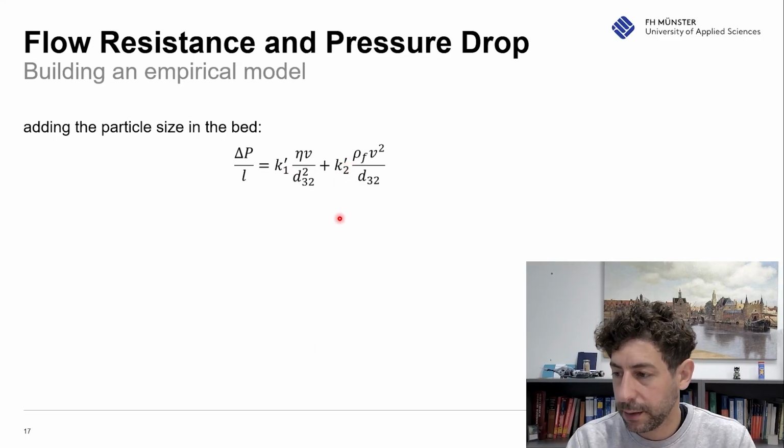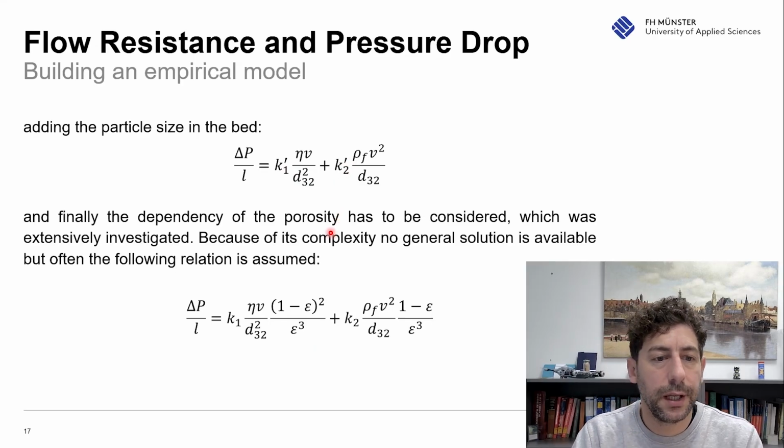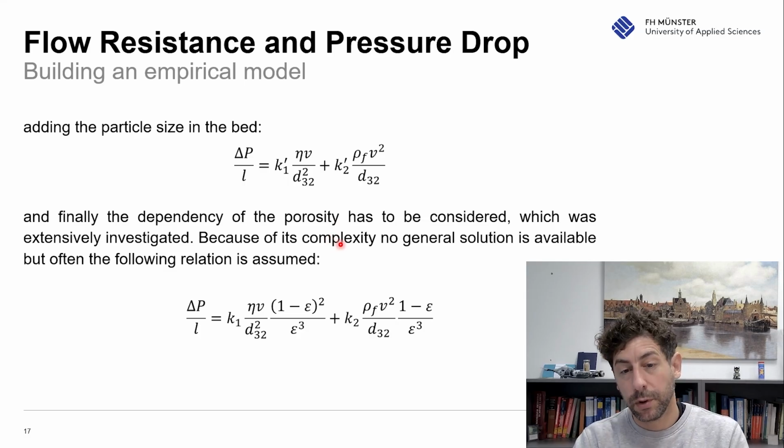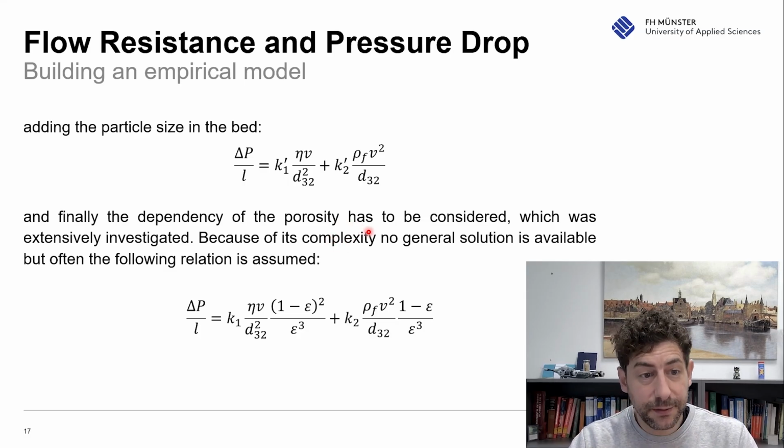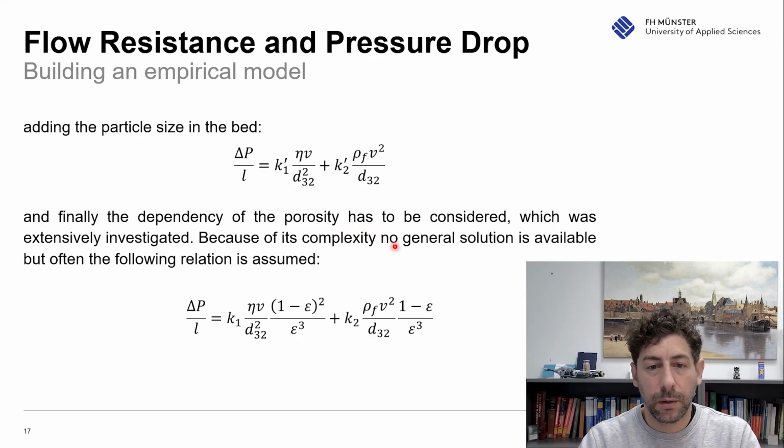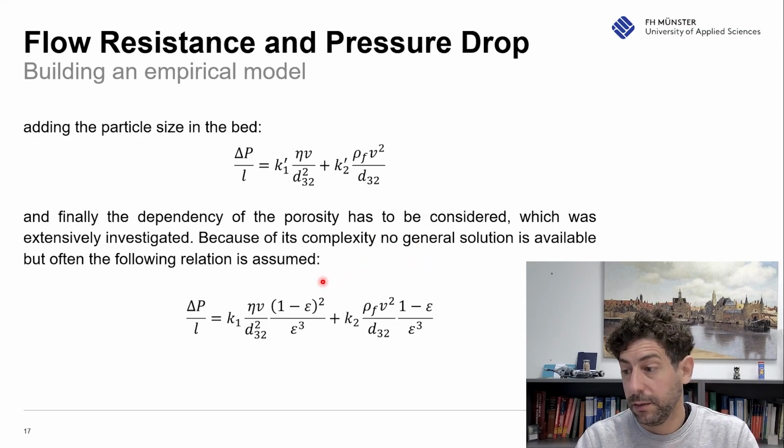And now we can make a last consideration, and this is the dependency on the porosity. This was extensively investigated and it's quite complex, so there's no general solution, but very often what is used, known from experiment, is what you see here.